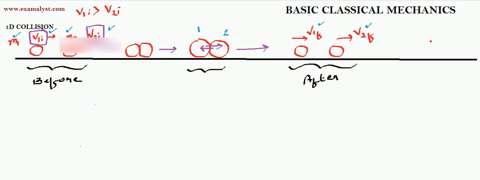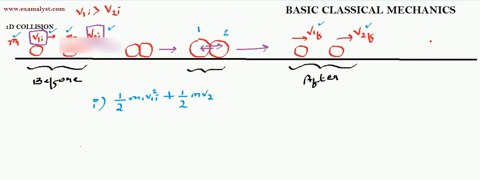Since this is an elastic collision, the energy will be conserved. What does the energy conservation law say? Initial energy. So what is the initial energy? Initial energy will be comprised of half m1 v1i square, which is the kinetic energy of the first ball. Similarly, you need to write the kinetic energy of the second ball.